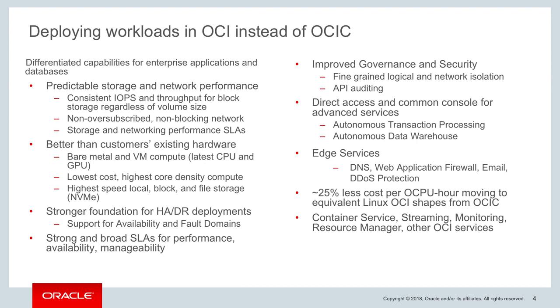Also, we provide improved governance and security, and customers can run their Oracle workloads on autonomous transaction processing and autonomous data warehouse. Using the single console, they can provision these services as well as manage their autonomous services.